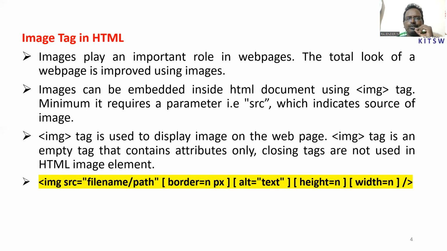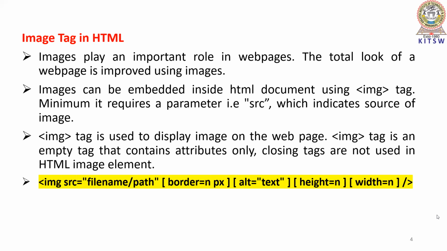This image tag expects the source of the image that is to be included in the HTML document. The image tag is used to display images on the web page.